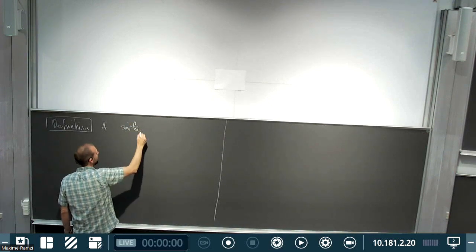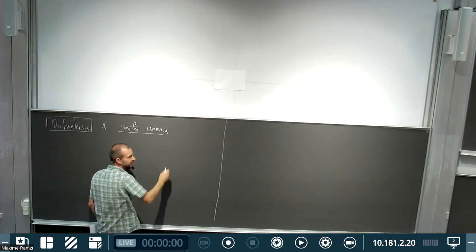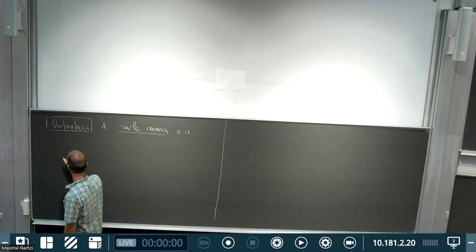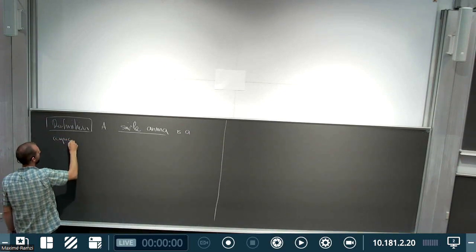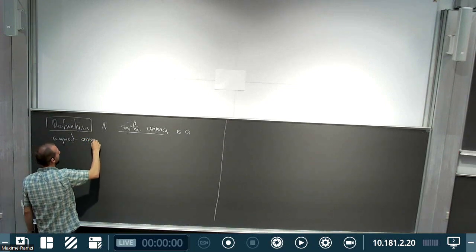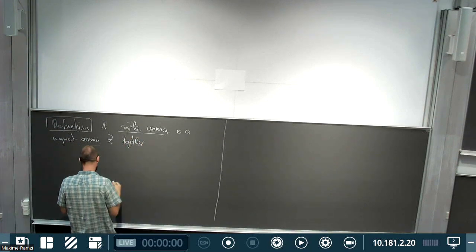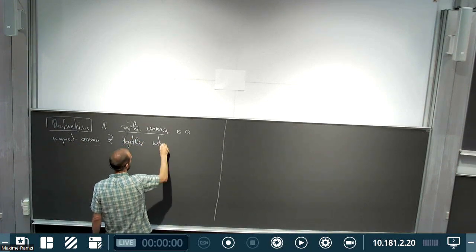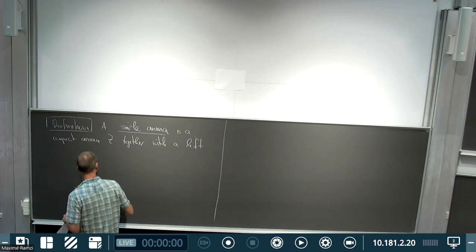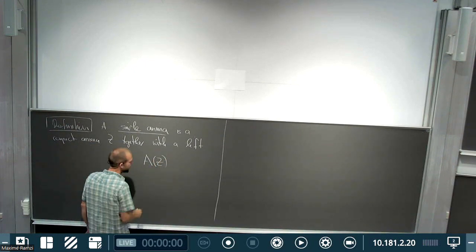A simple anima, or in more classical language simple, is a compact anima together with a lift of a certain class. So there's the A theory of Z. What is the A theory of Z?